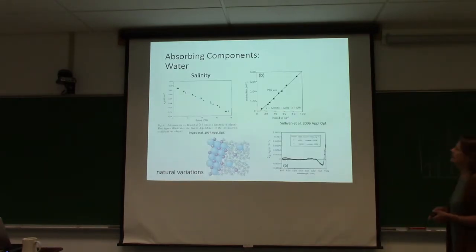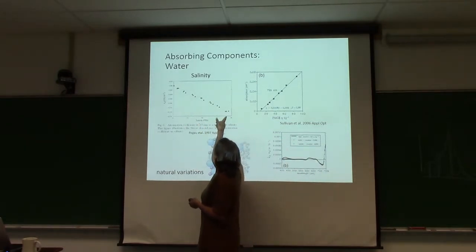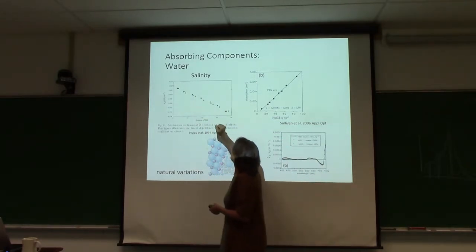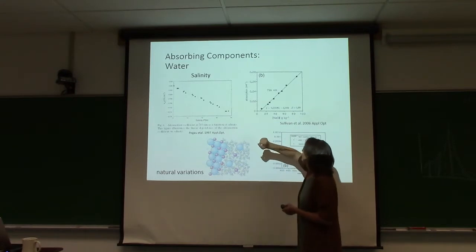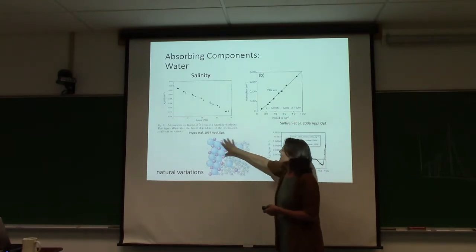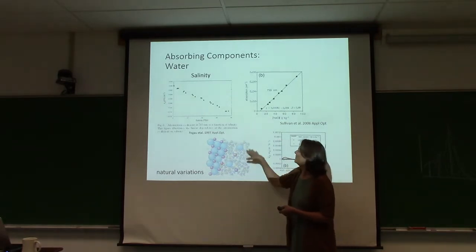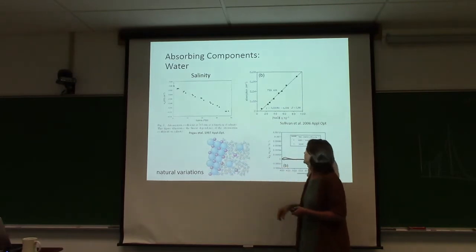Turns out if you add salt, it also makes a difference. So if you add, the more salt you add, the lower the absorption. Wait, is that right? No, the higher. Yeah, higher salt, higher absorption. And again, if you think about what's happening, the salt is getting pulled apart by the water molecules, and the water molecules are clustering around chlorines and sodium.